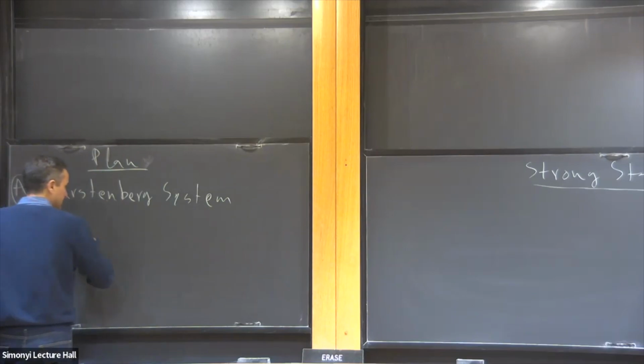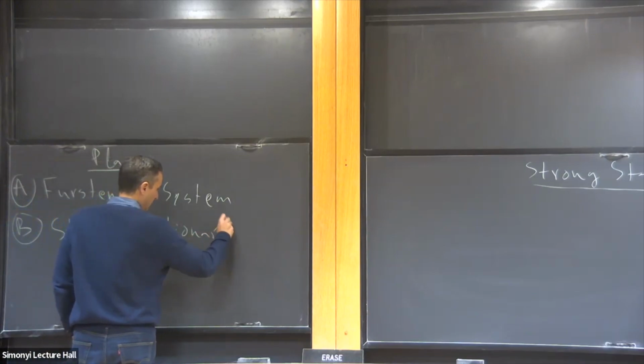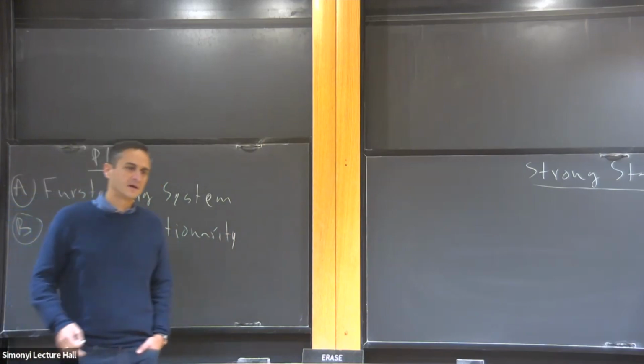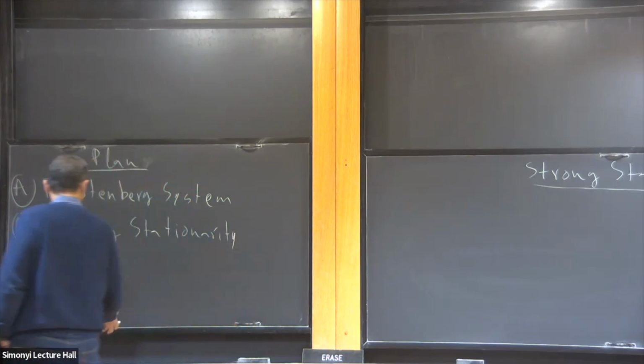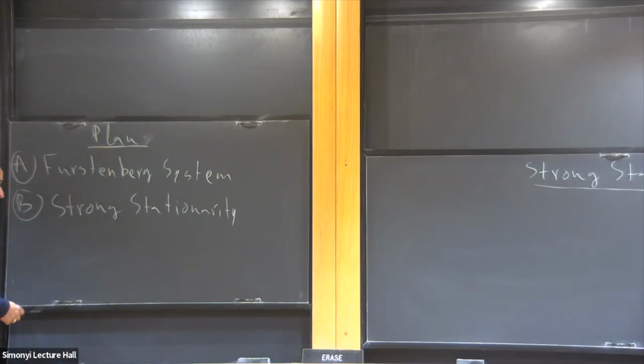The second part will be this property of strong stationarity. This is a property of ergodic systems, curious in the sense that you don't find it frequently, but for the purpose of this talk it will be very relevant.